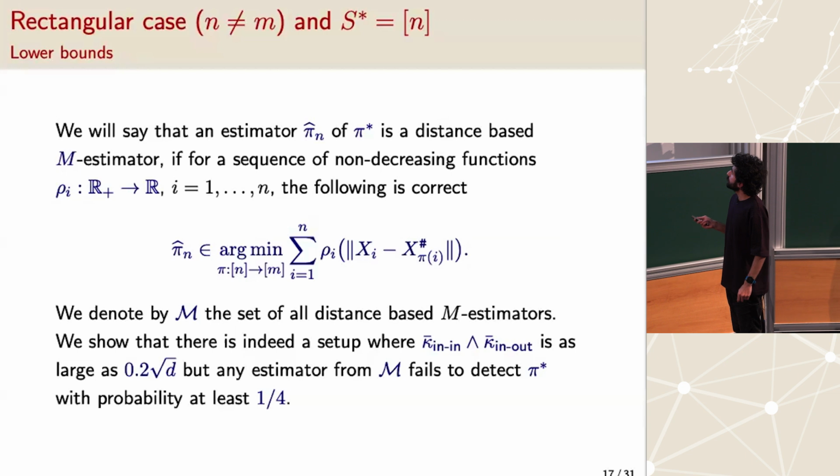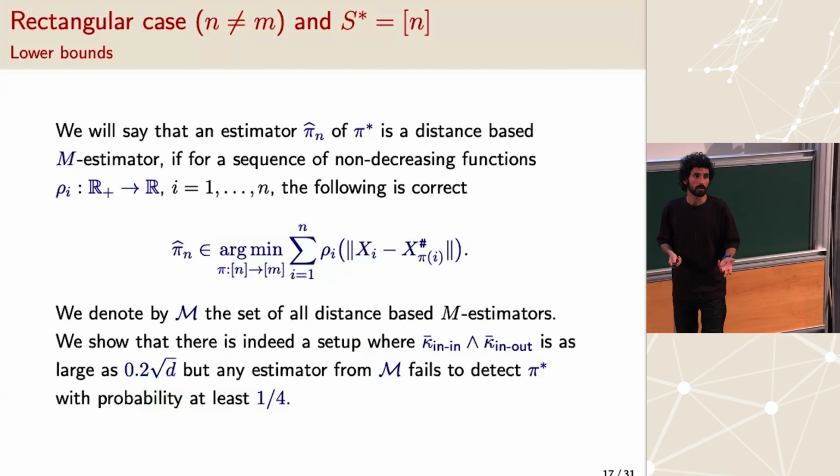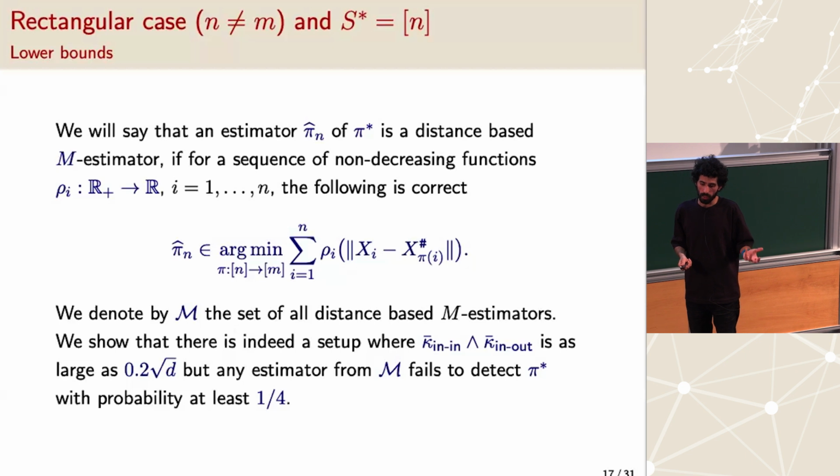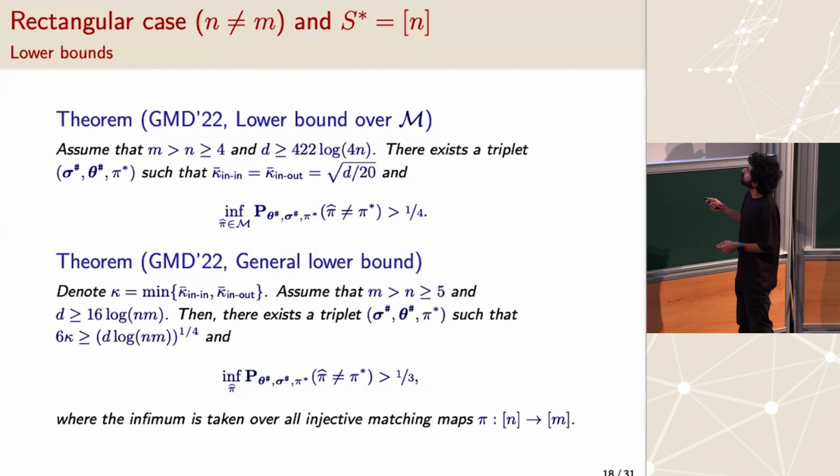And over this set of estimators, we show that there exists a setting where the separation distance is as large as square root of d divided by 5, and any estimator from this set capital M fails to detect pi star with constant probability.